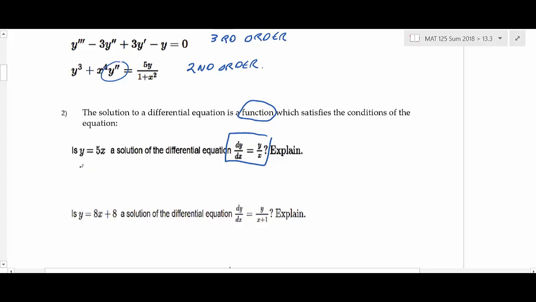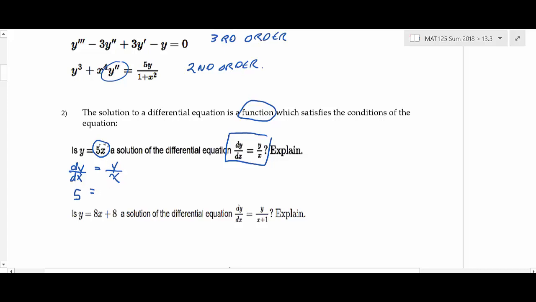What we would do is this. First of all, we have the equation dy over dx. It's saying the first derivative of this function is equal to y over x. Well, let's see if this is right. First of all, the derivative of 5x, what is that? Yeah, that's 5. What is y?